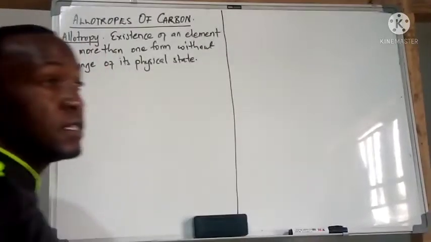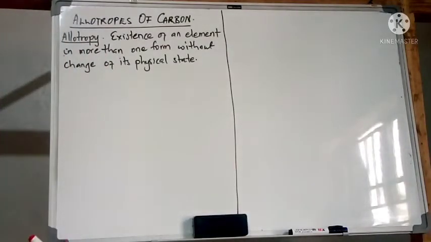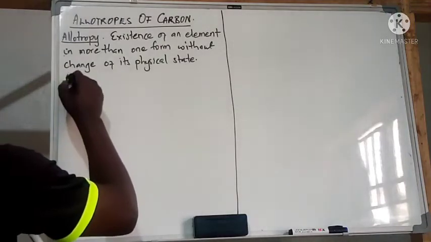If it is a solid, all the forms will be solids at room temperature. So those different structural forms are the ones we are calling allotropes.